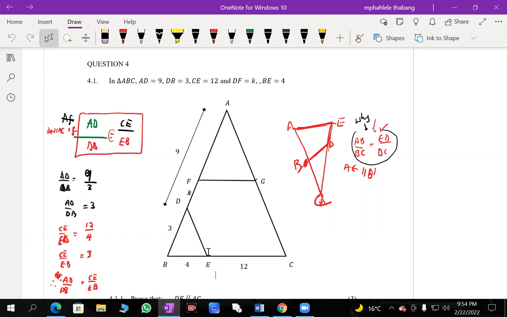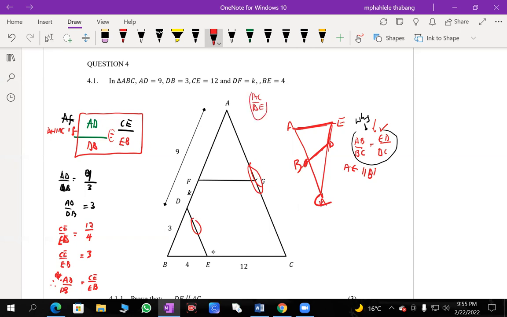That is not how it works, because a line parallel to another line does not give things like AC over DE. Don't do something like this.